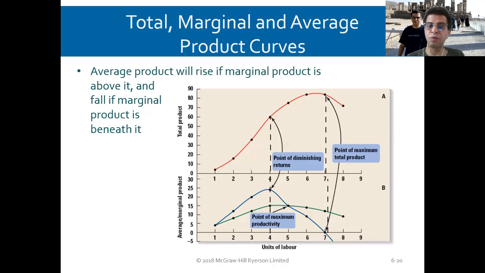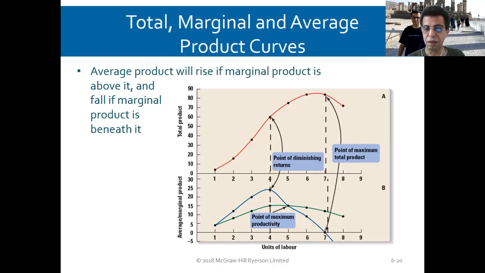But if we look at this graph, it's a little bit confusing in the beginning, but if you look at it, it's pretty much straightforward. Average product will rise if the marginal product is above it, and fall if the marginal product is beneath it. So here's the average product, it keeps going up until it reaches the highest point.